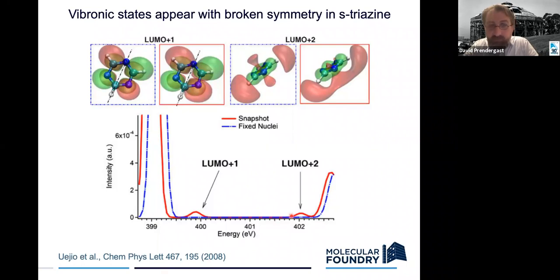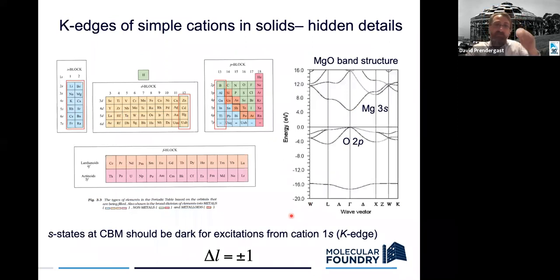So that gives us an idea for extending this to solids. Many salts, many crystals that involve cations and anions are often described by electronic structure that looks like what's on the right-hand side here. The anion in the crystal has all the electrons and the cation has given them up.